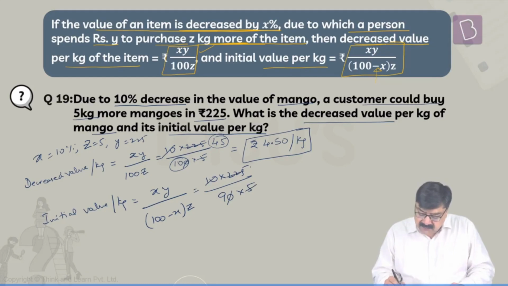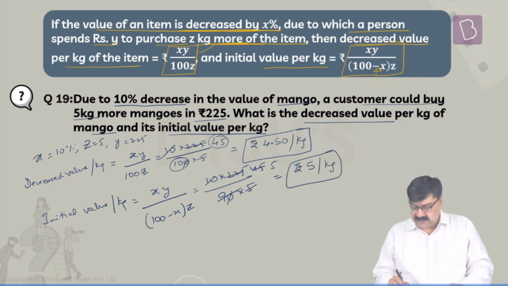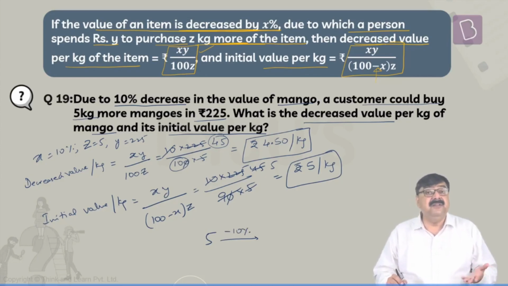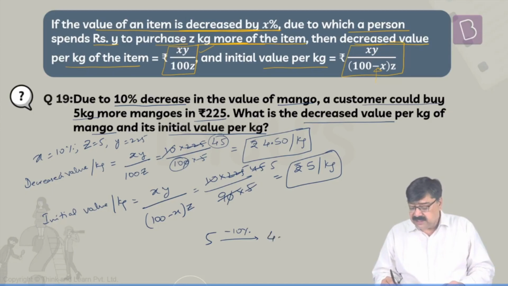So once again, this is 45 and this is 9 fives are 45. So it is rupees 5 per kg initially. Obviously, if the price of mango was rupees 5 per kg and it got reduced by 10%, 10% of 5 is 50 paisa. So the reduced price here will be 4 rupees 50 paisa.